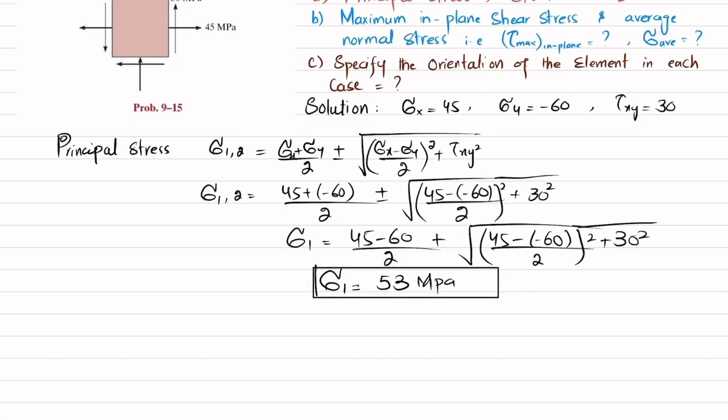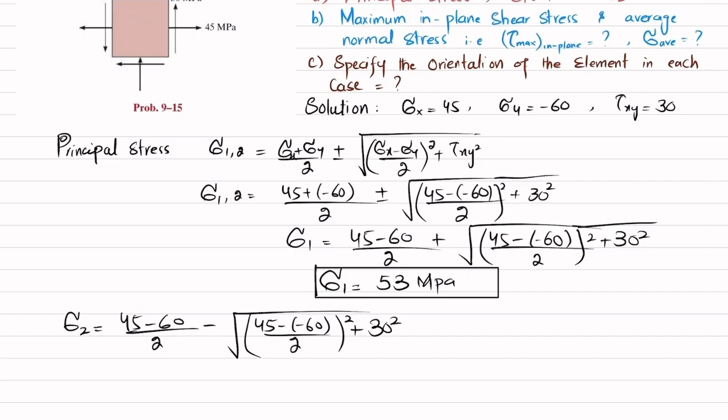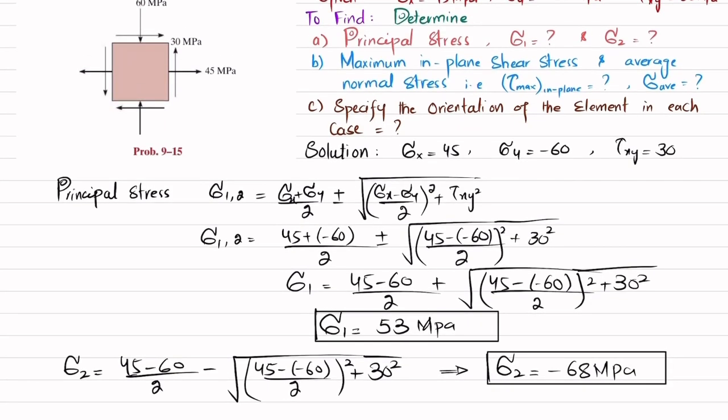Clear? And if you subtract, you will get sigma 2, which is equal to 45 minus 60 divided by 2 minus the square root of 45 minus minus 60 divided by 2 whole square plus 30 square, and you will get sigma 2 equal to minus 68 megapascal. So these are the principal stresses that we covered in part number 1.